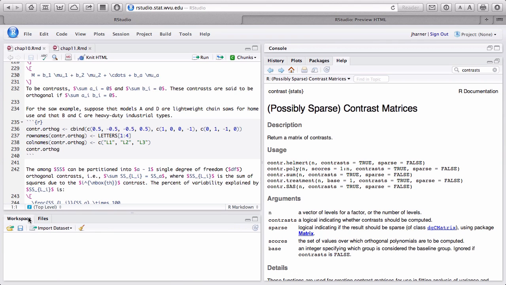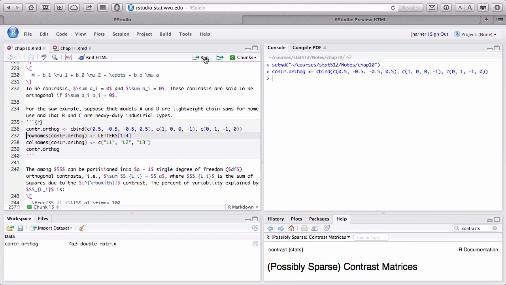If I look at the workspace here and do the orthogonal comparisons, first of all I define that, and then I define the rows to be the first 4 letters. In other words, LETTERS in all caps gives you A, B, C, D, E, F, G, and the first 4 is A, B, C, D. I was just trying to get an easy way to get A, B, C, D.